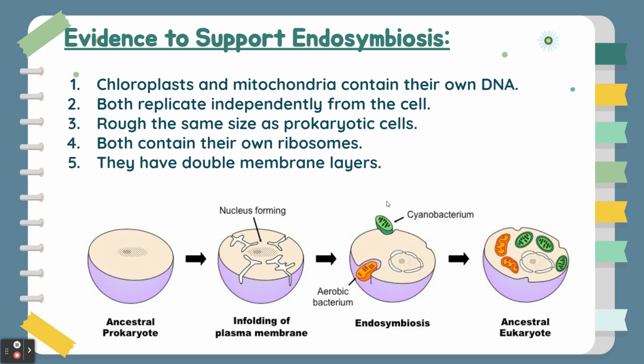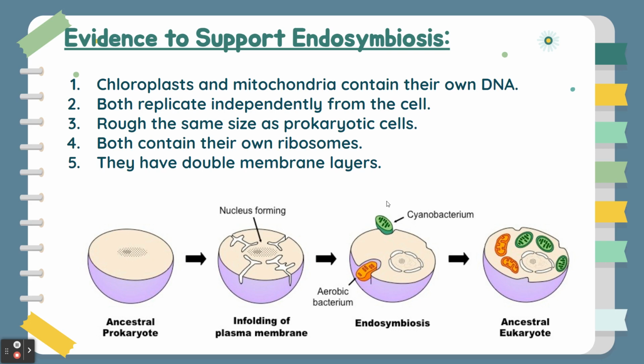Number 3, they're similar in size to prokaryotic cells. Mitochondria and chloroplasts are roughly the same size as free-living prokaryotic cells. This size similarity is consistent with the idea that these organelles were once their own prokaryotic organisms. Number 4, ribosomes.